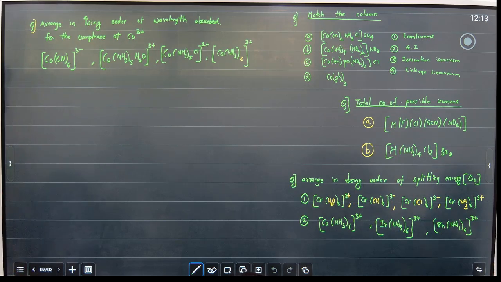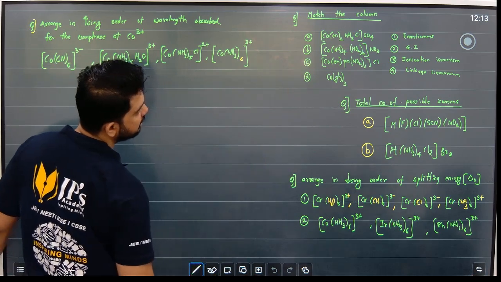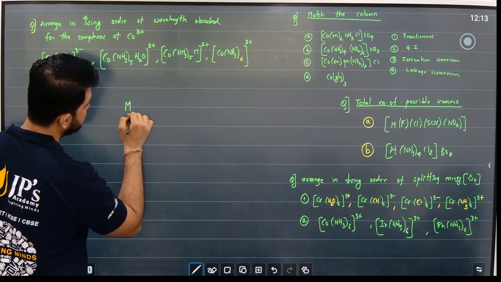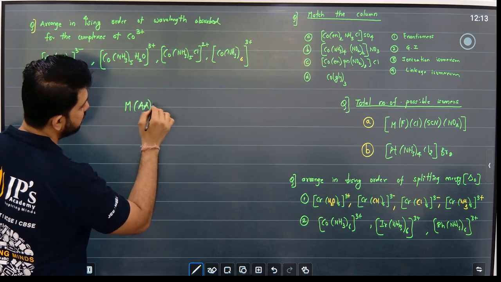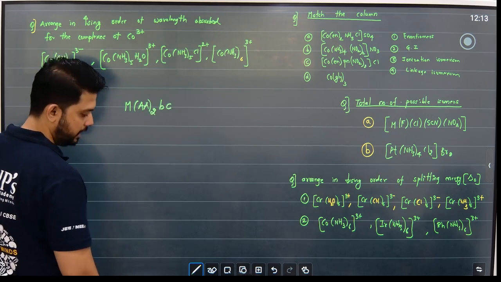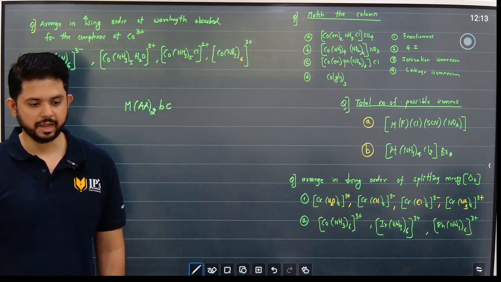Okay, match the column. A. What is the form of A? M A2 B C. Is MA2BC optically active?